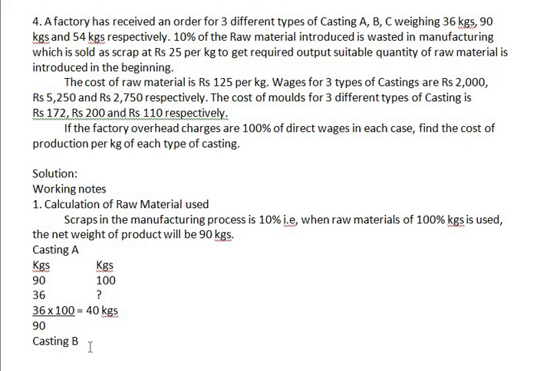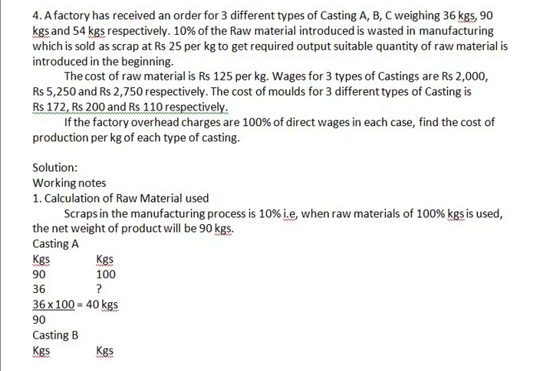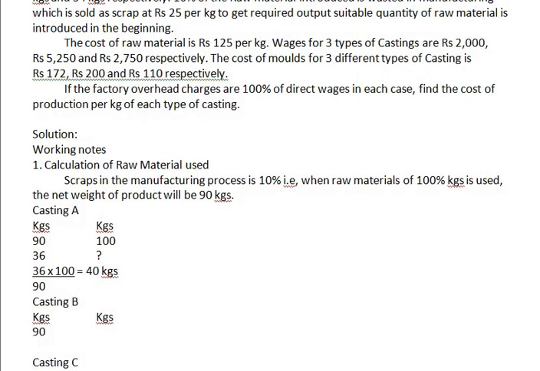Now the same thing we need to calculate for casting B as well. Again 90 kgs after deducting scrap, and here it is 100. Go through the problem.